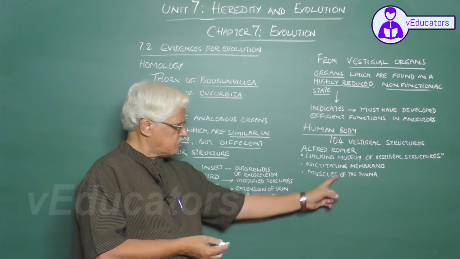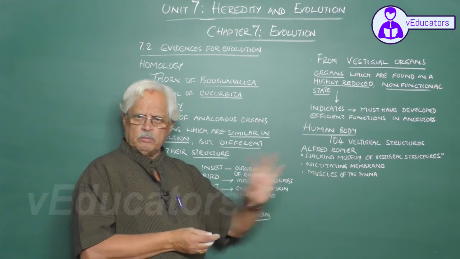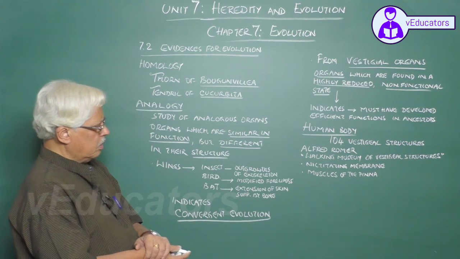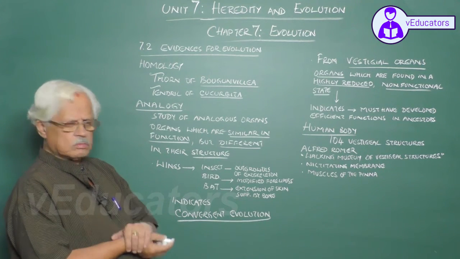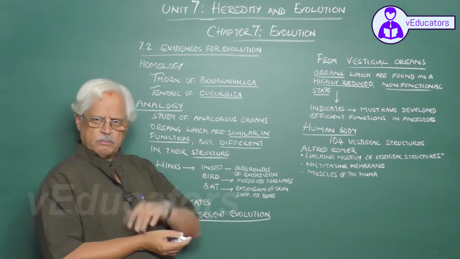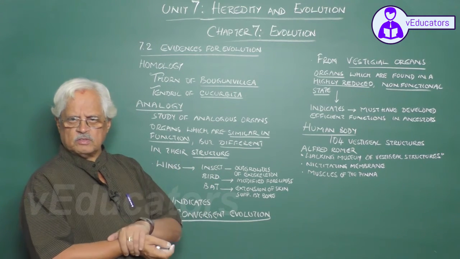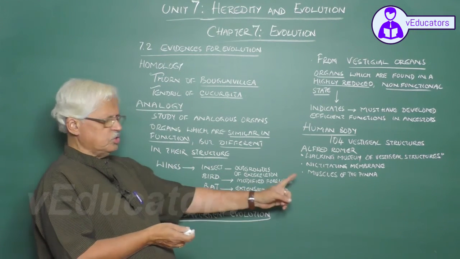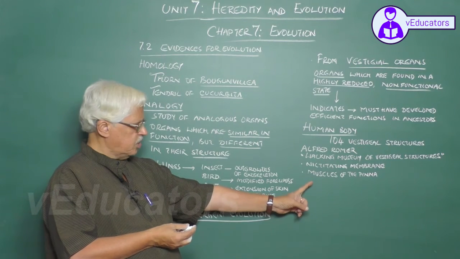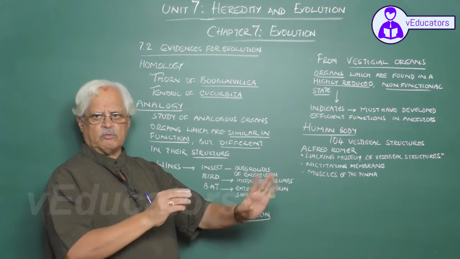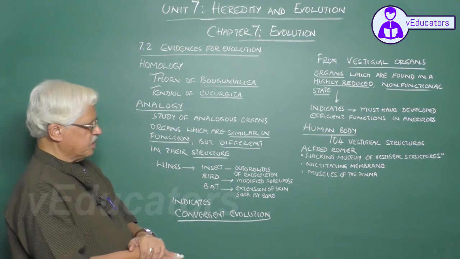But in human beings, pinna cannot be moved, because in the course of evolution, the mechanism of hearing improved, so there is no need for turning the ear towards the source of the sound. Gradually, the muscles lost their functional significance, therefore they have become vestigial.